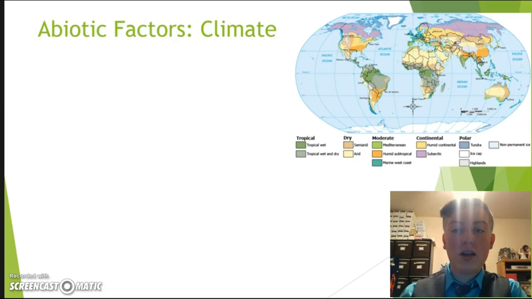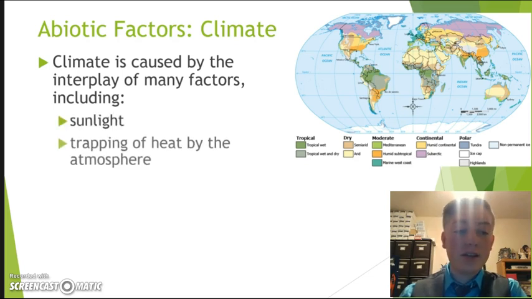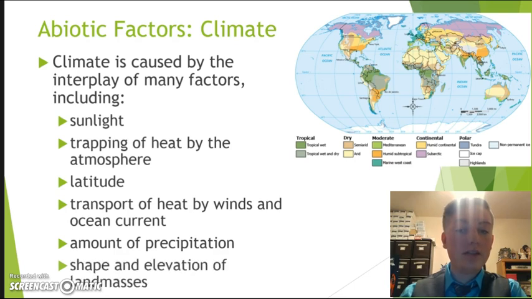So moving on, we're going to talk more about climate. Climate is caused by the interplay of many factors, including sunlight, trapping of heat by the atmosphere, which is important, and we're definitely going to talk about this one here in a minute, latitude, and transport of heat by winds and ocean currents. And then amount of precipitation, and the shape and elevation of land masses.